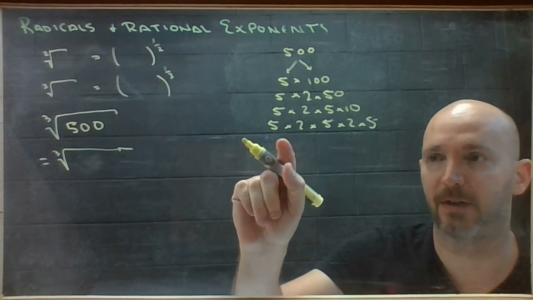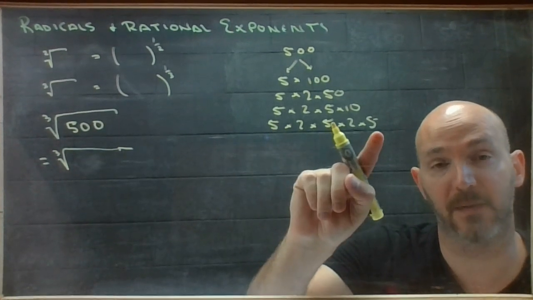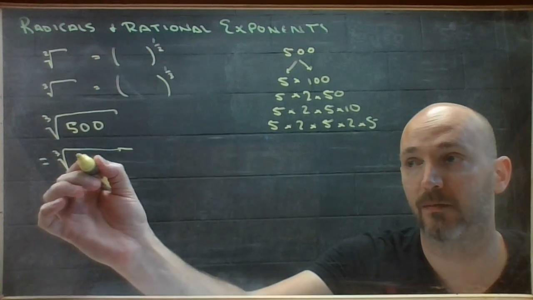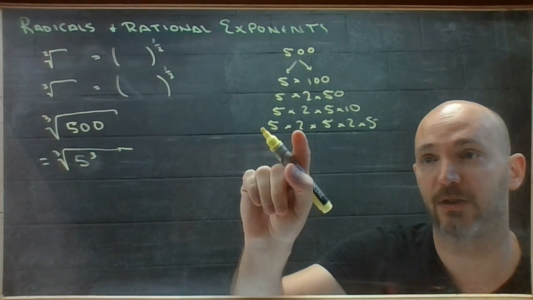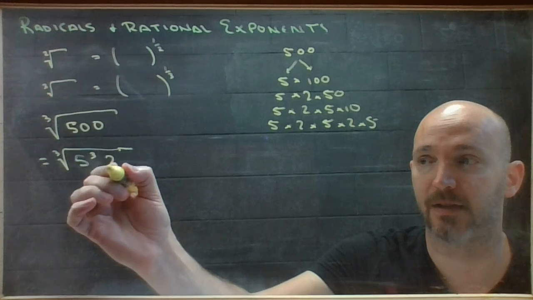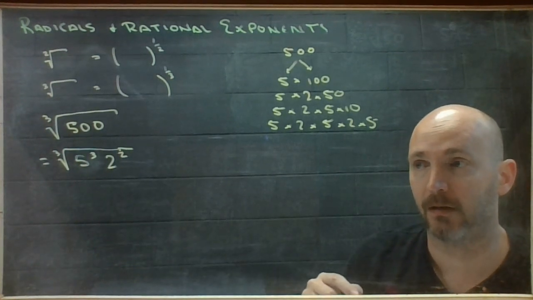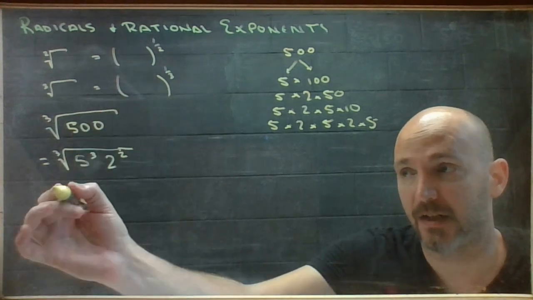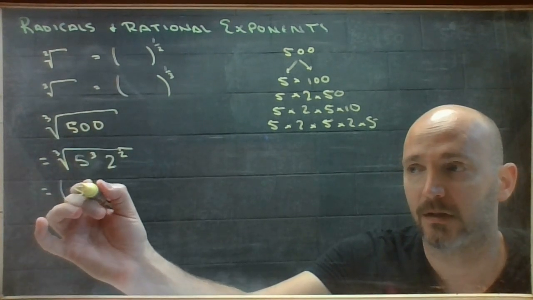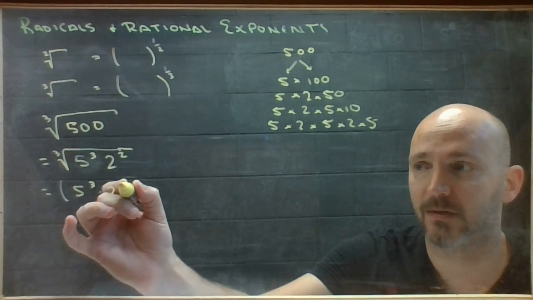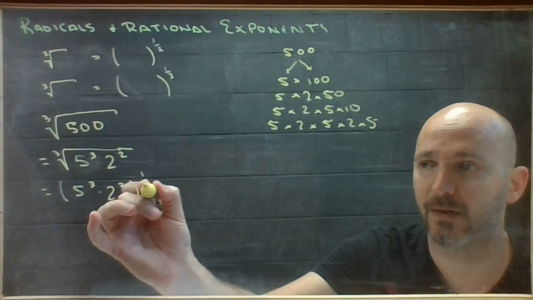So I can replace the cube root of 500 with a 5 times 5 times 5. That's a 5 cubed. And a 2 times 2. That's a 2 squared. Now, flipping into this notation here, 5 cubed, 2 squared to the 1/3.